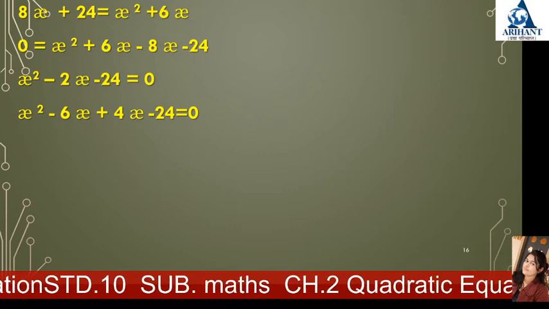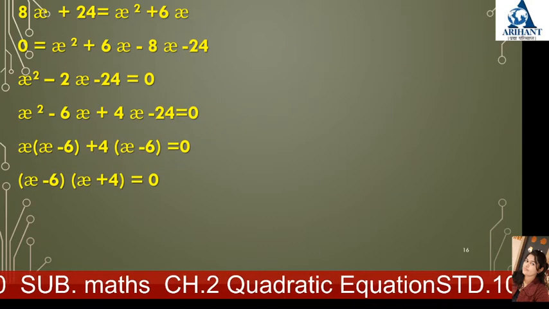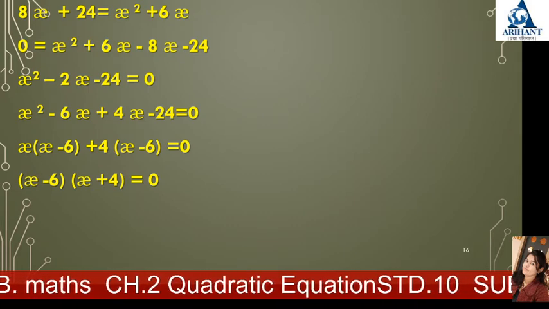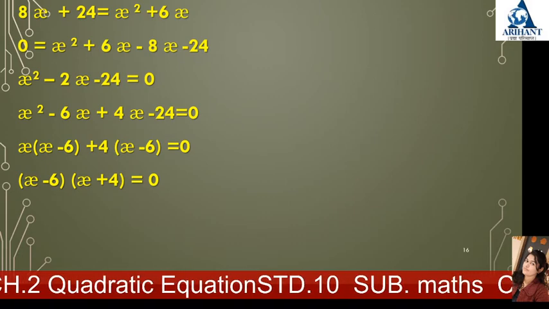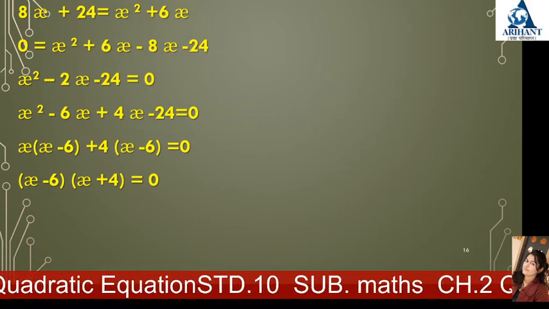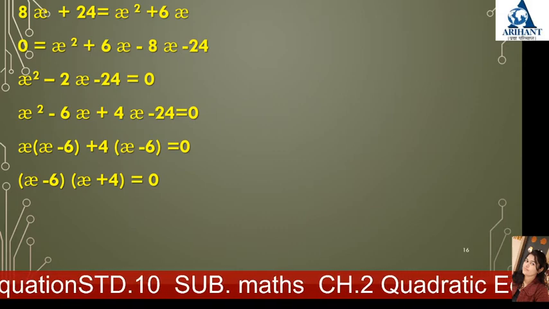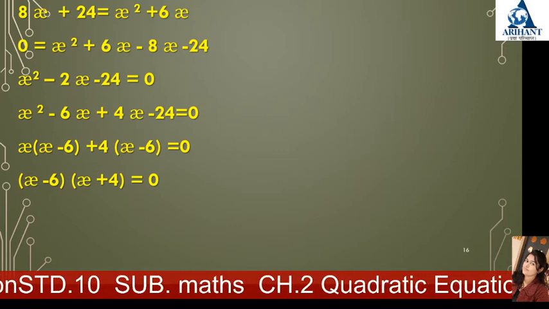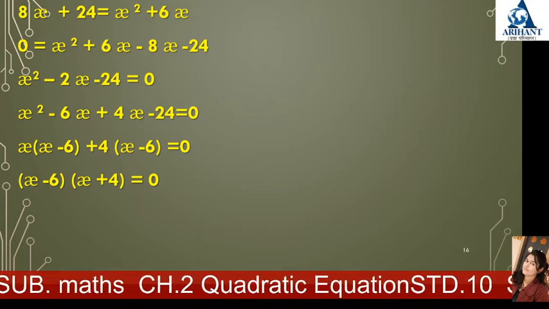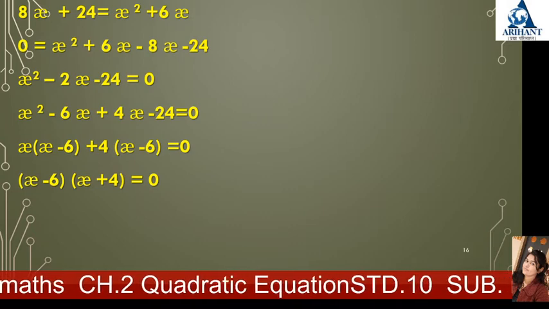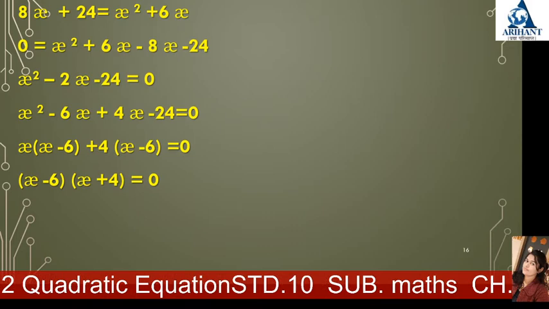So let's common out x from the first term. Then in the bracket remains x minus 6, plus in the next term we can common out 4, so the bracket remains x minus 6, is equal to 0. So the next is x minus 6, the same bracket. So let's common out this bracket, and the other is x plus 4 is equal to 0.